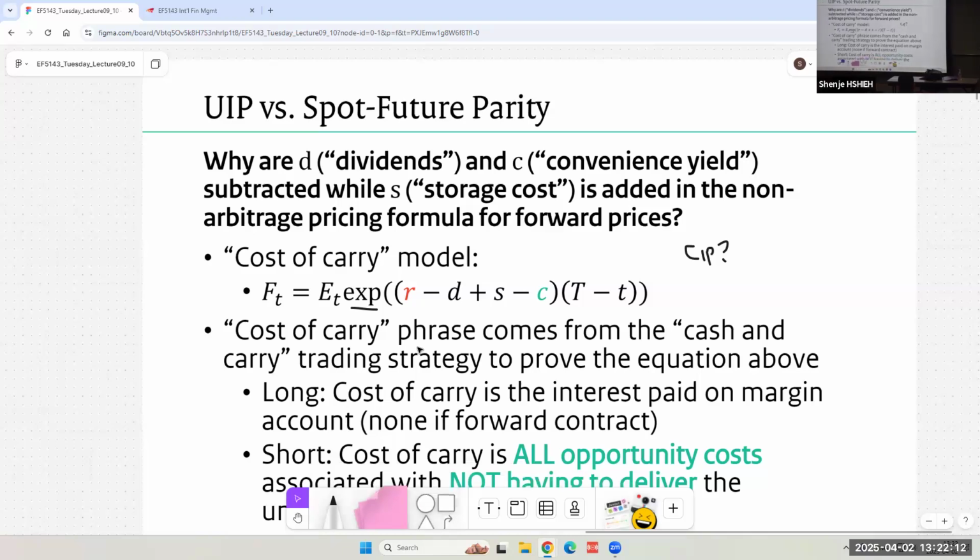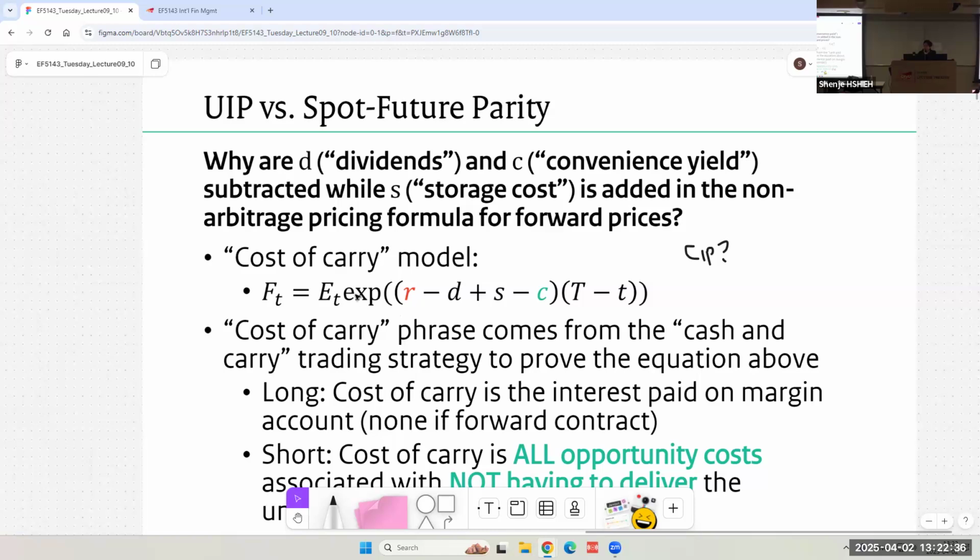Let me explain intuitively what this formula is saying. The futures price of an underlying asset, whether stock, bond, currency, or commodity, is equal to inflating or deflating the spot price of the underlying asset depending on the costs and benefits.